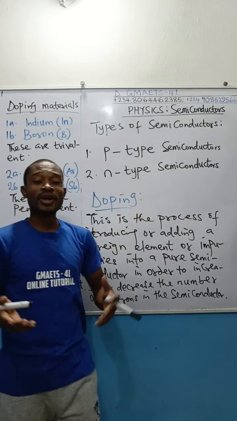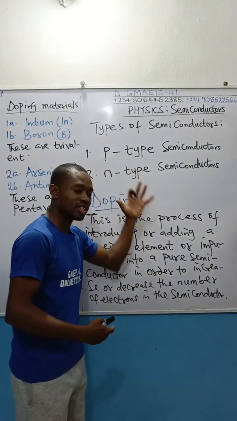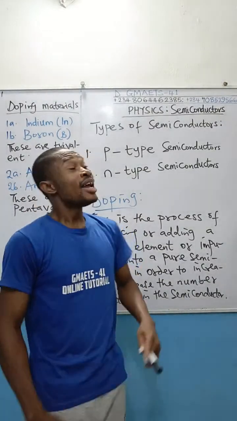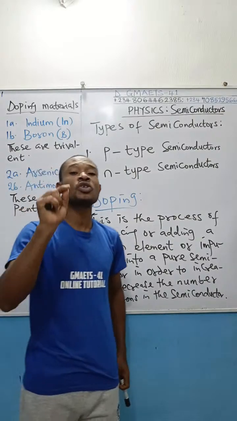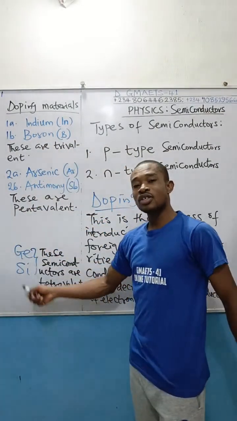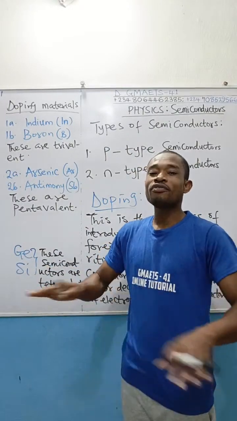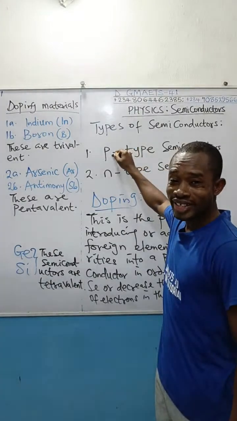And these are important because it is the interplay of holes and electrons that leads to the conductivity of these semiconductors. Now take note that these semiconductors, P-type and N-type, are impure semiconductors. Pure semiconductors is when you have not doped them. In the case of P-type, you have a doping material inside.